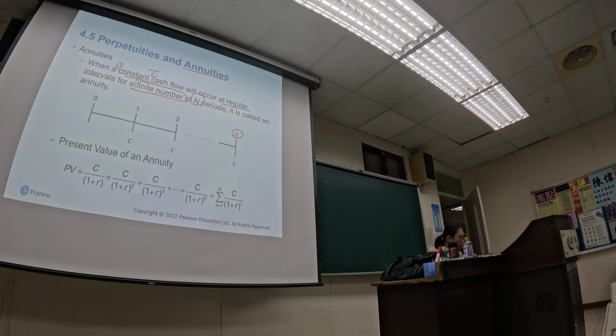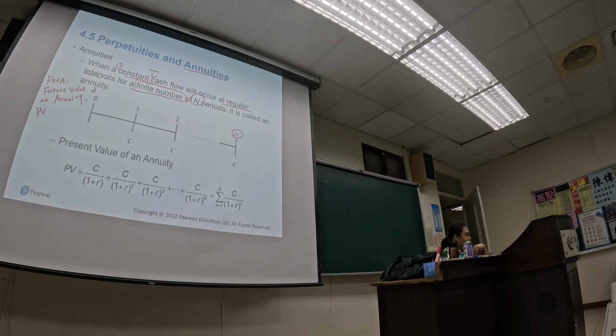And obviously, if you take a look at the table, we have two tables related to annuity, right? One is FVOA. This stands for future value of an annuity.